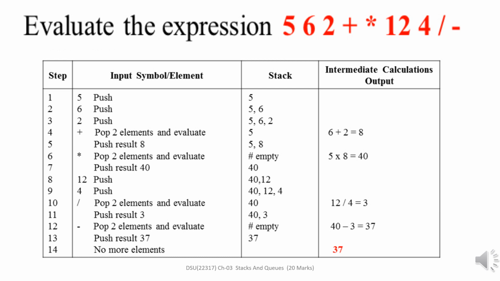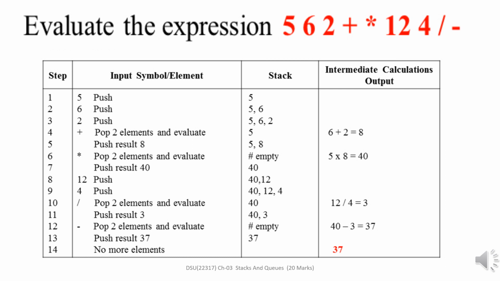that is output. So first push 5, then in the stack there is a 5, and output is empty. Then push 6, then again 5 6 and output is empty. As there are 3 operands, so 3 operands have to be pushed in the stack, so 5 6 and 2.